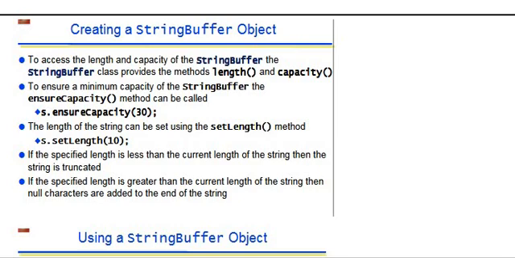Similarly, the length of the string can be set using the method setLength. If the specified length is less than the current length of the string, then the string is truncated. If the specified length is greater than the current string length, then null characters are added to the end of the string.